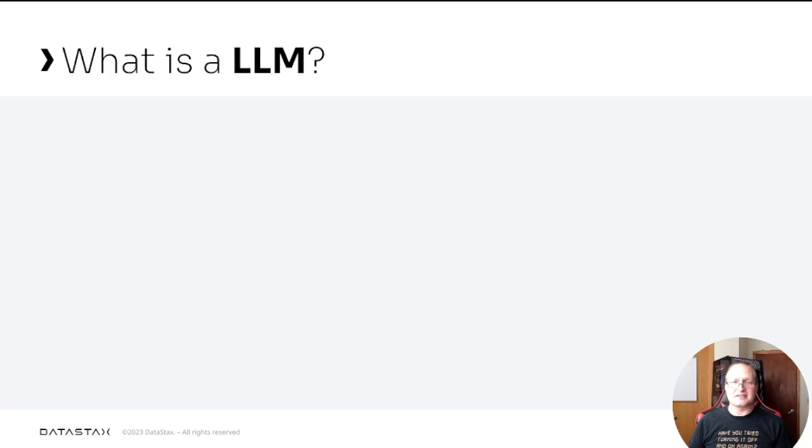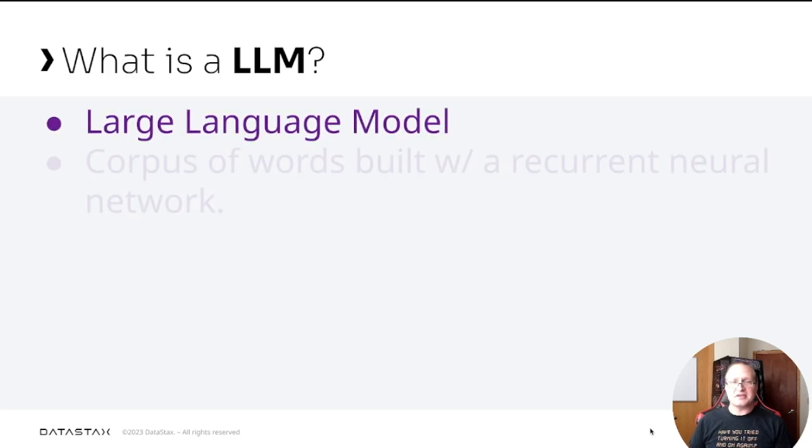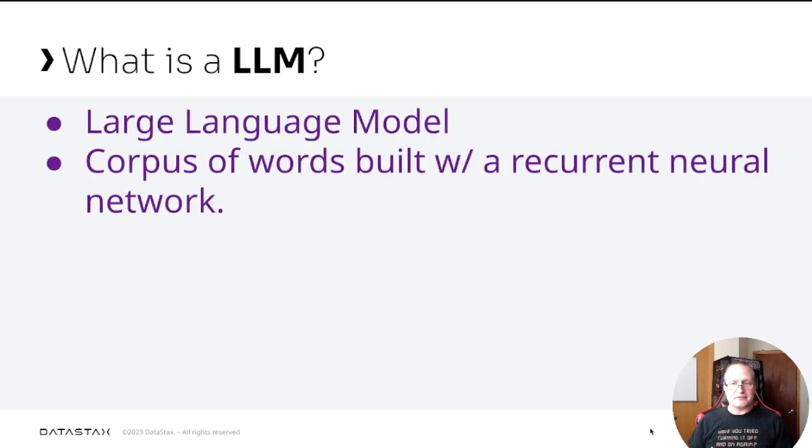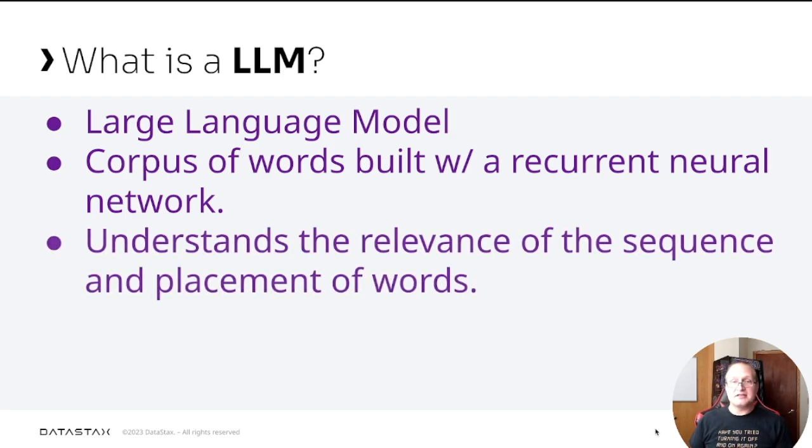So what is an LLM? Essentially, a large language model is a corpus of words built with a recurrent neural network. The idea behind it is that the LLM understands the relevance of the sequence and placement of the words relative to each other.